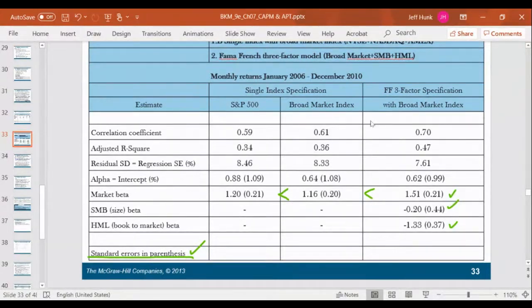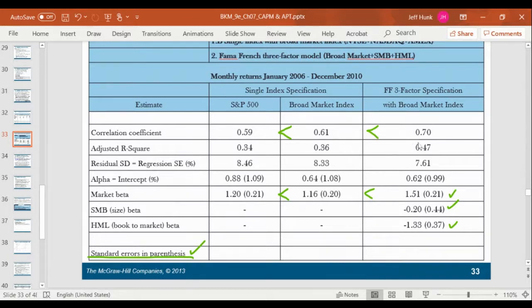And the correlation coefficient, as the number of explanatory variables increases, the fit would generally be better. But once again, it's the overall F statistic that should have improved.